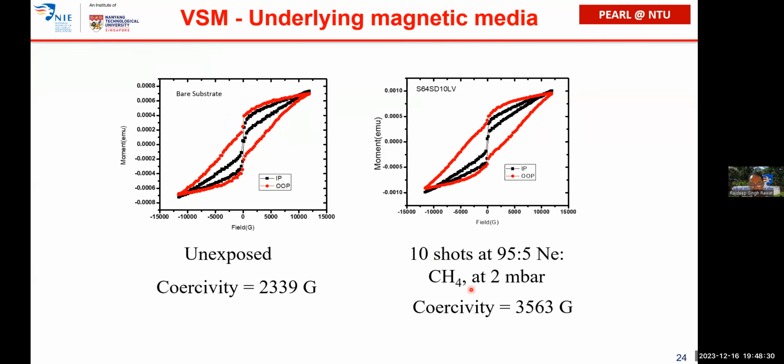Even after the 10th shot, remember, the coating was done within one shot, and we even fired 10 shots. Look at the magnetic characterization curves before being exposed and after being exposed. They are almost identical, and the coercivity did not change significantly.